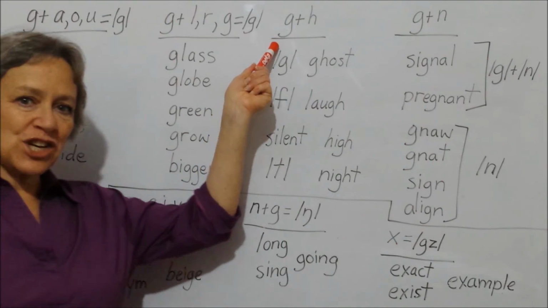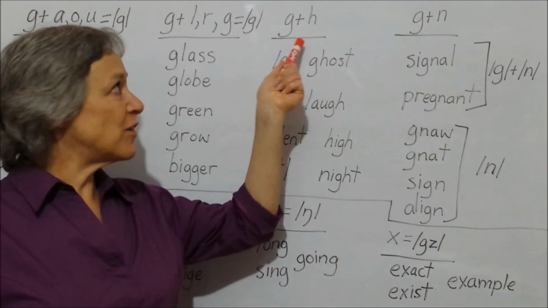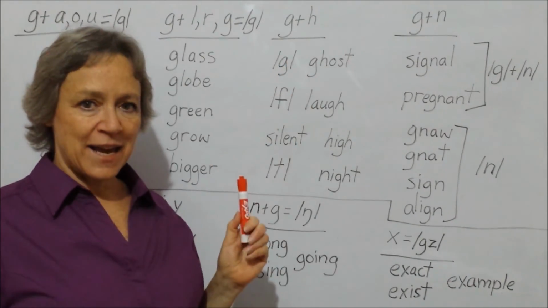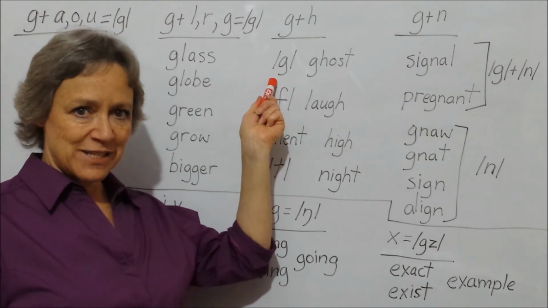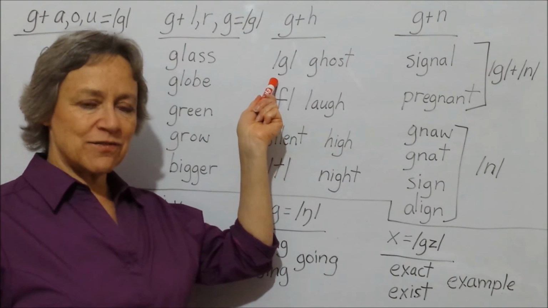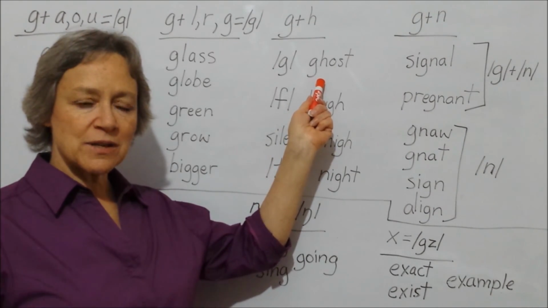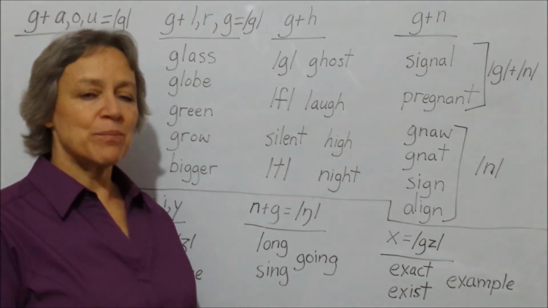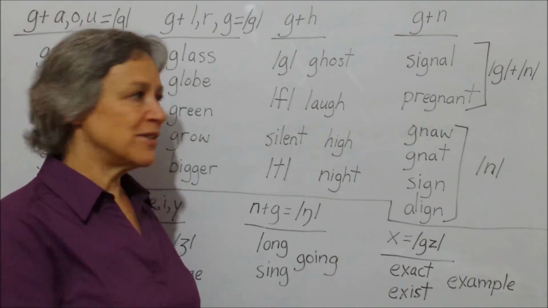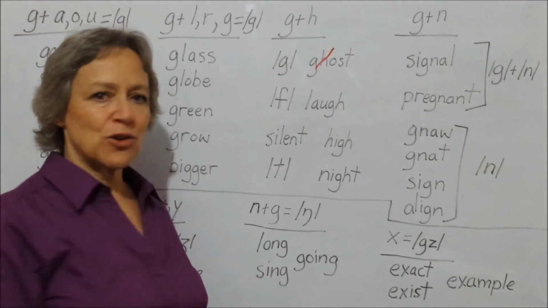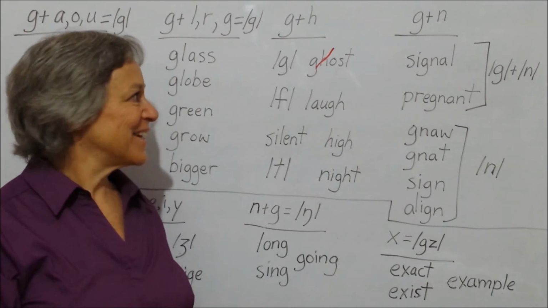The letter G, when followed by H, can make the G sound at the beginning of some words. Here's an example, the word ghost. We don't hear the H, but we do hear the G, and it makes a G sound. Ghost, okay?